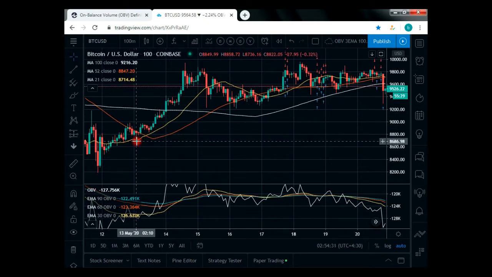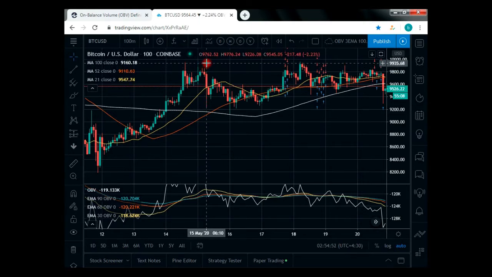As you can see, the price breaks through the 52-period moving average and pulls back, and it finds support right here at 88.62 and bounces until 99.35.